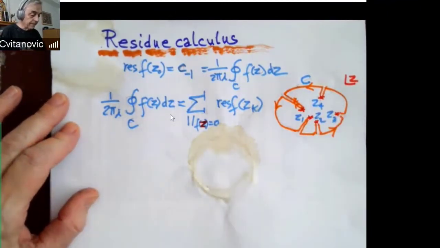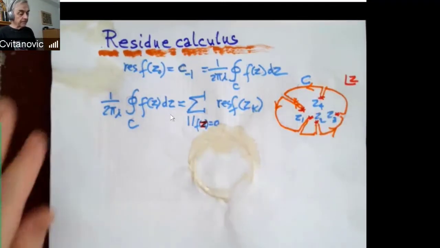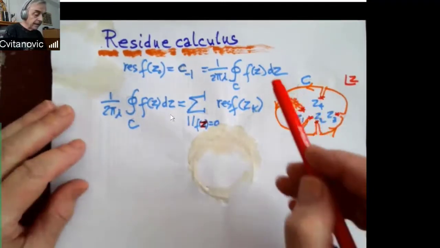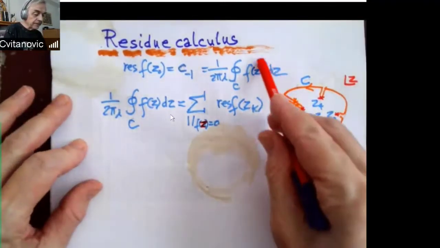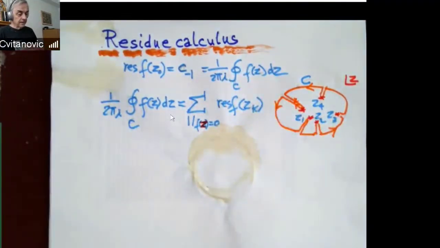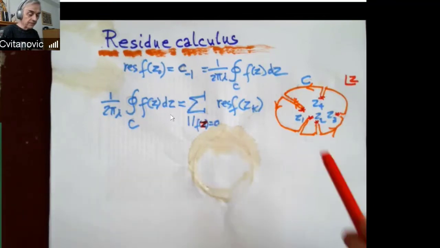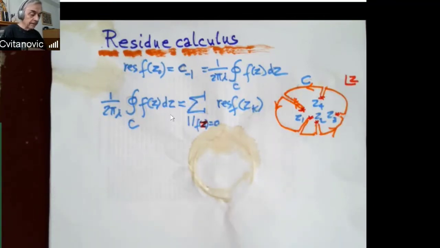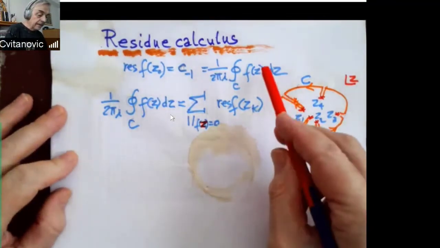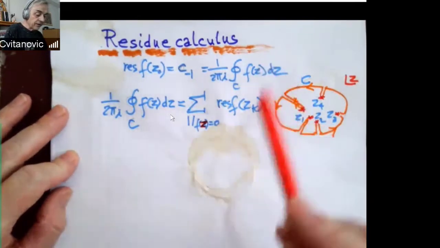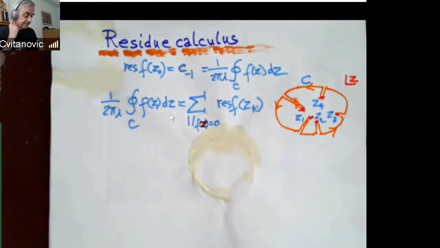Here there are 4. And for each one of them, what I have to do is separate this function into a residue function times 1 over z minus z1, that pole, and evaluate the residue function at the pole itself. So it gets to be a sum of residues.